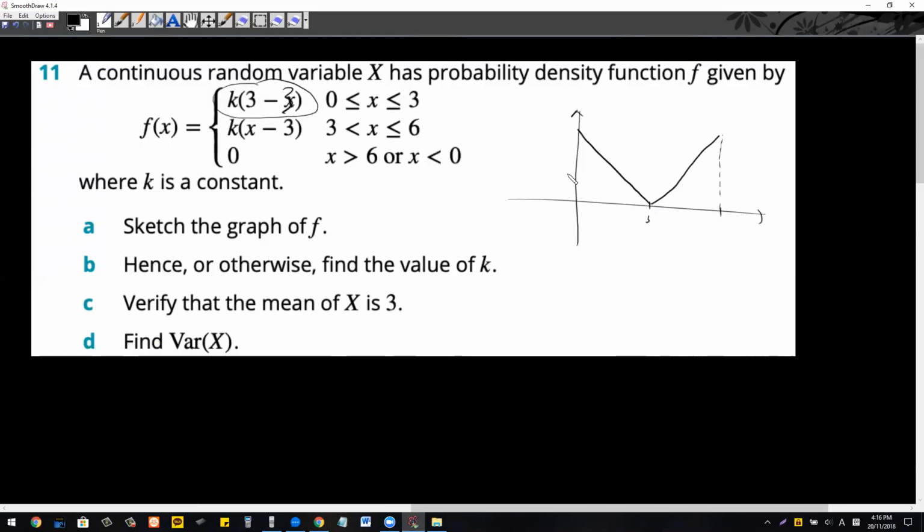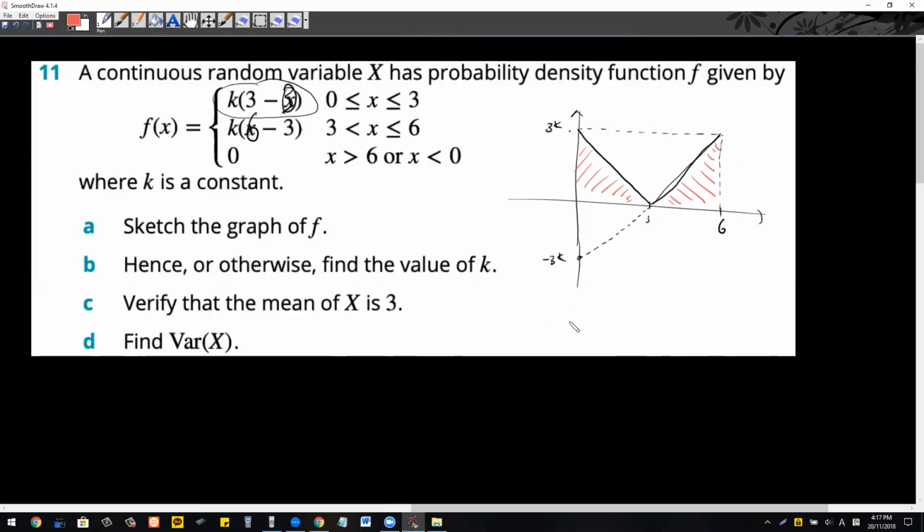So it says find the value of k. That's very simple, because if I let x equal 0 here, this value is 3k. And if I plug in 6 into this line here, I also get 3k as well. So this one and this one are on the same level. Now we need to figure out this area, and that has to be equal to 1.